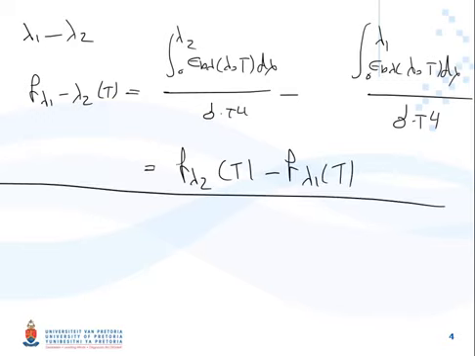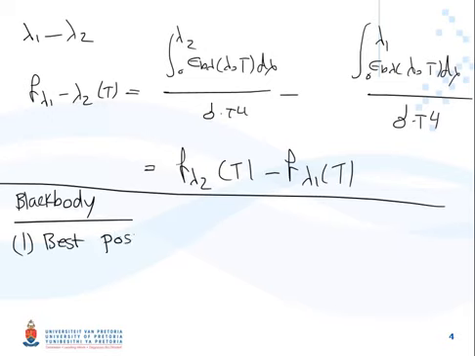We talked about all those, and after that we defined the blackbody based on its characteristics. We said that the blackbody has three characteristics that we define it by. First, the blackbody is the best possible emitter.